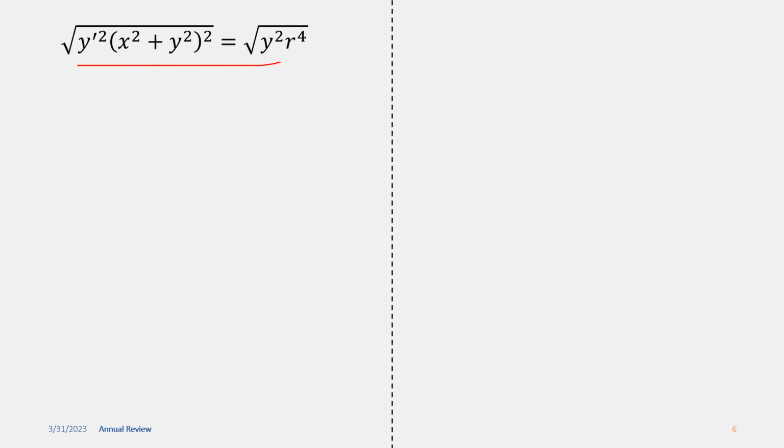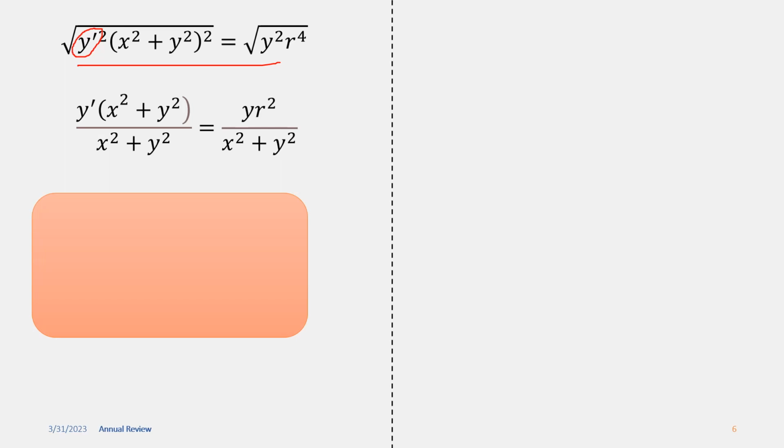To continue, this is our equation earlier. Our main goal is to find y prime. In this case, we take the square root of both sides, simplify, and divide both sides by x squared plus y squared.